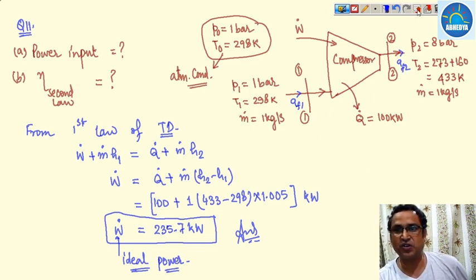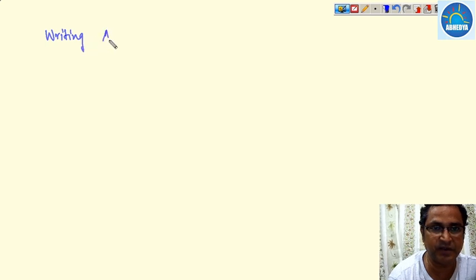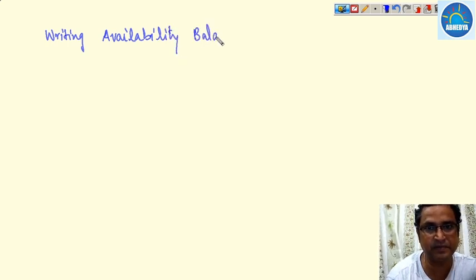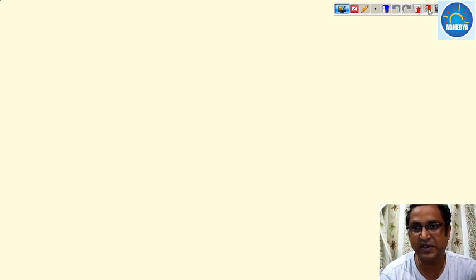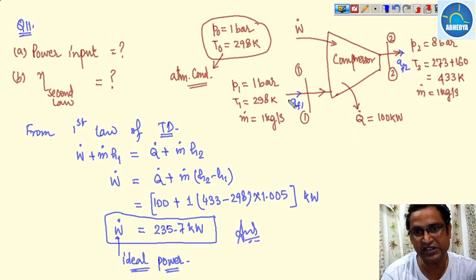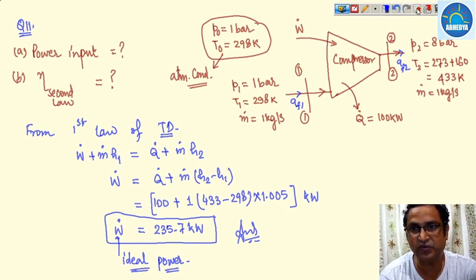So now writing the availability balance equation. What is the availability balance equation? At input, what are the input conditions? The input condition is AF1 as well as the work.